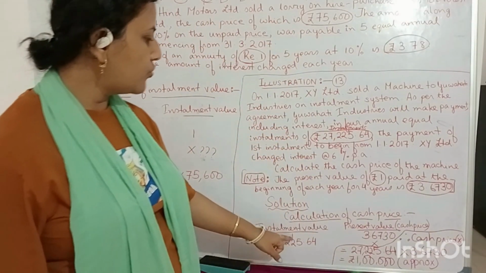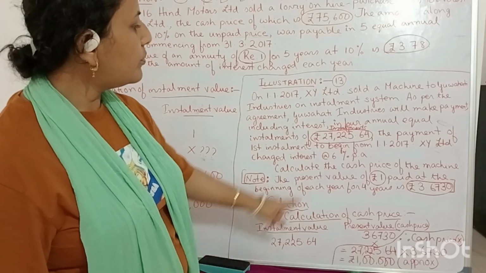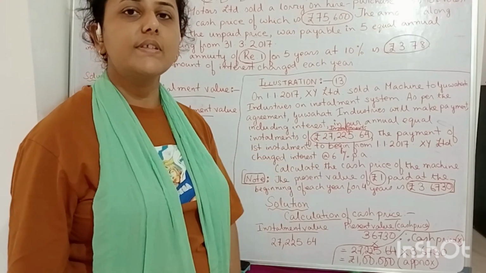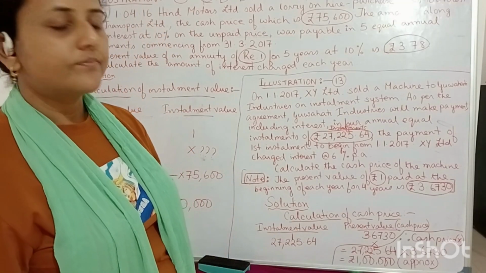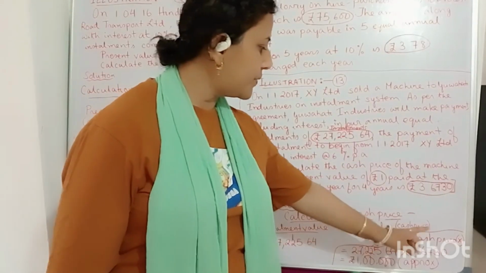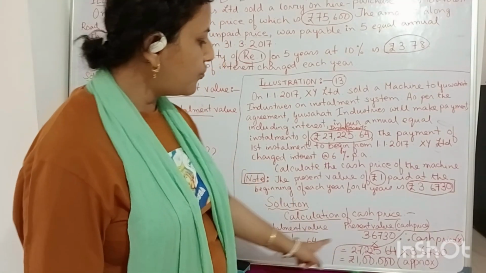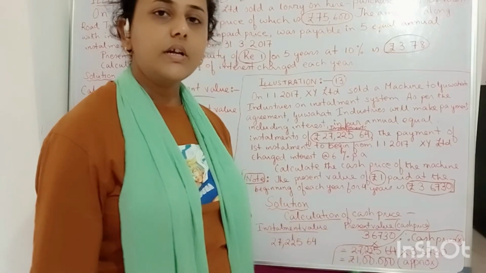Now when the installment value is 27,225.64, at that time what will be the cash price? Therefore cash price X equals this into this. When it is 1, it is this. When it is this, what will be the cash price?